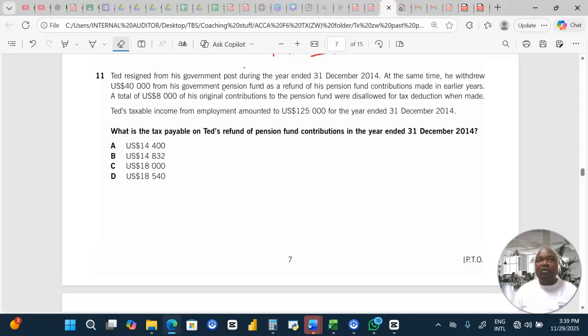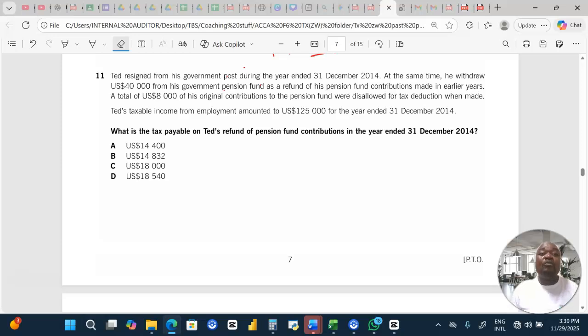All right, so in a way, the taxman taxed him on those contributions. So shall he tax him again when he makes the withdrawal or when he gets the refund of those contributions? No way. The taxman has already taxed him prior.